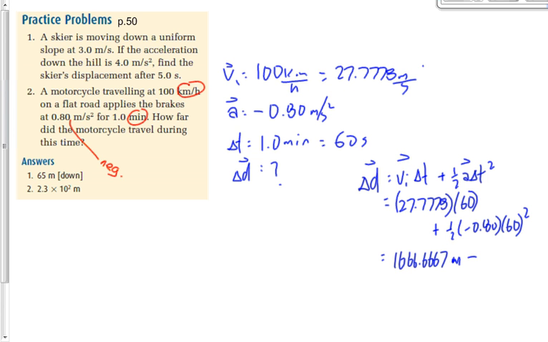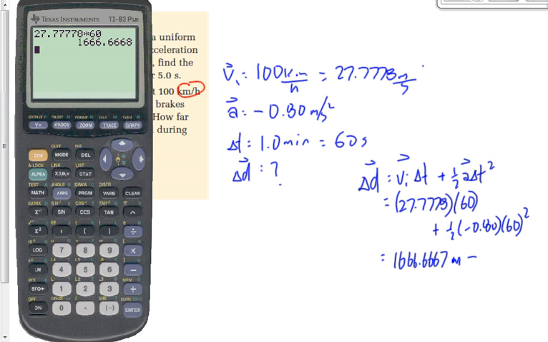Now let's say 1/2, 0.5 times negative 0.8 times 60 squared. Negative 1440. So it's 1666 minus 1440.